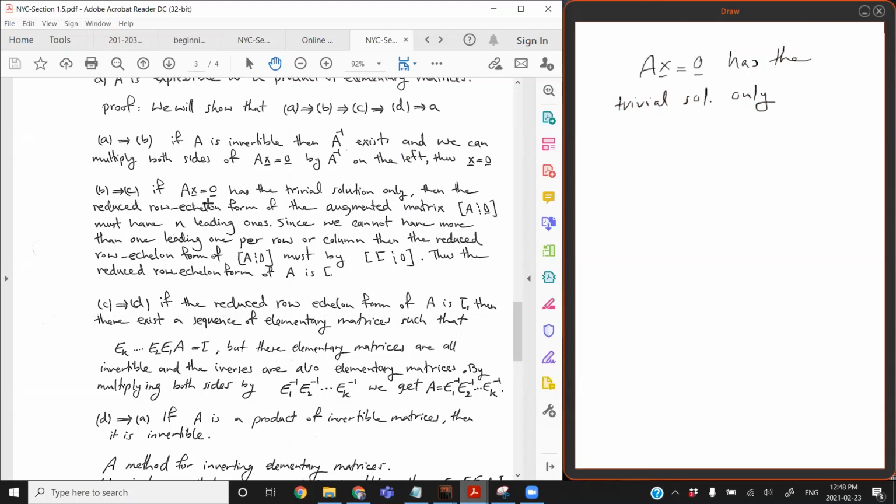And we want to prove that if this is the case, then A can be reduced to I. So for that, we need to think about the Gauss-Jordan elimination. Imagine you're given this system and you want to solve it by Gauss-Jordan elimination. You would create an augmented matrix. You put A here and you put 0 here.